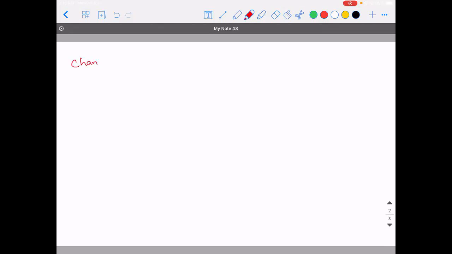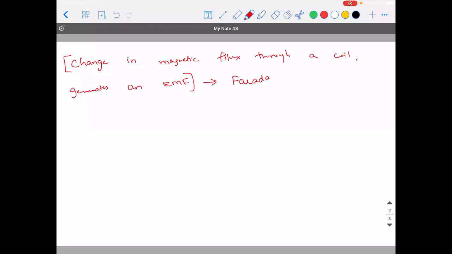Change in magnetic flux through a coil generates an EMF. So what do we mean by EMF? It is the electromotive force, and this principle was first proposed by a scientist named Faraday. Faraday was the scientist who proposed it.